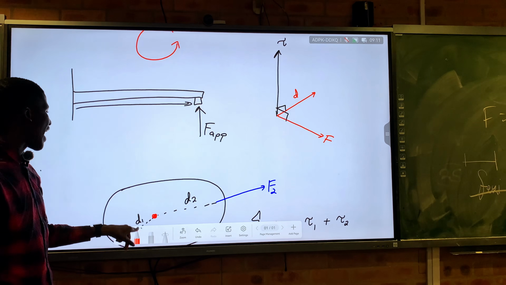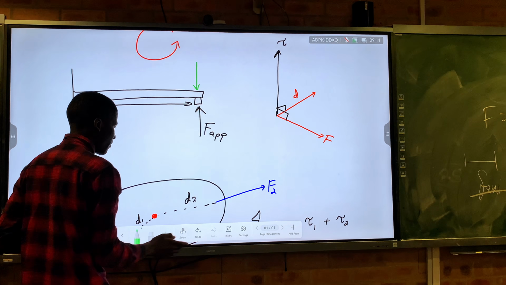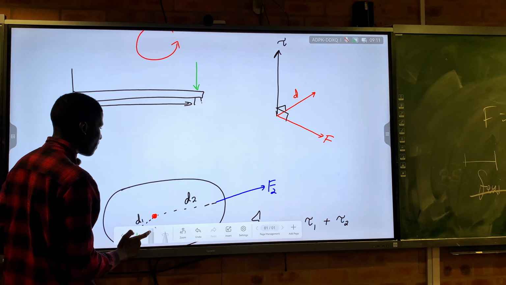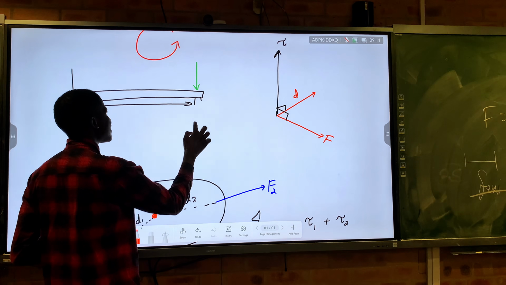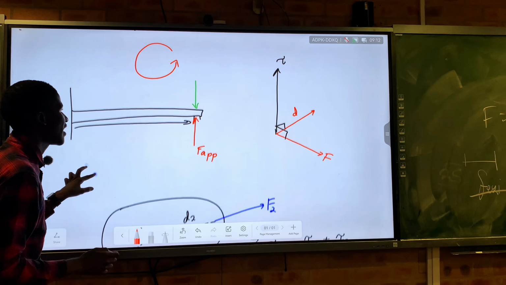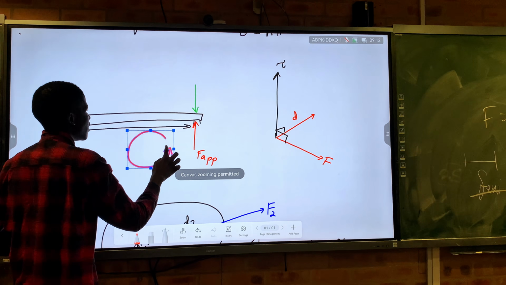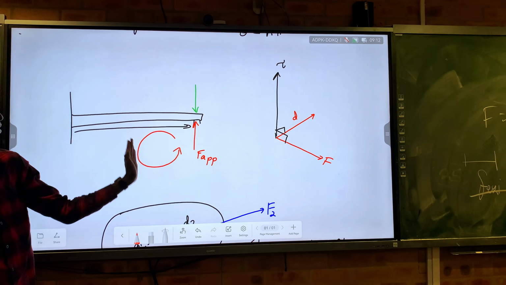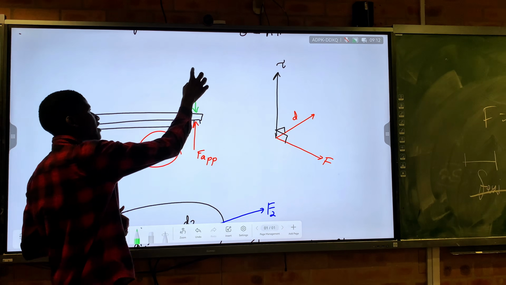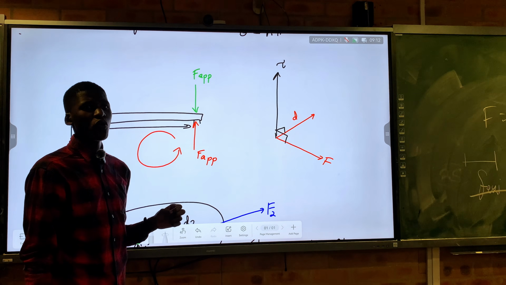But if I choose to apply my force in this direction, let me paint it more red. If I apply a force in this direction, the rotation resulting from that is going to be anti-clockwise, so your door will rotate in an anti-clockwise way. But if I apply my force in this direction, what will happen to the door?